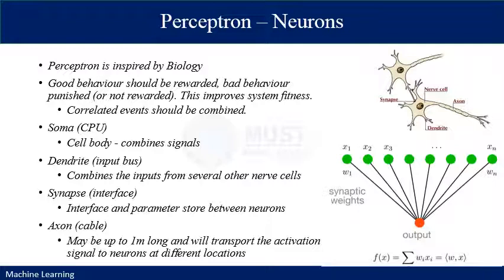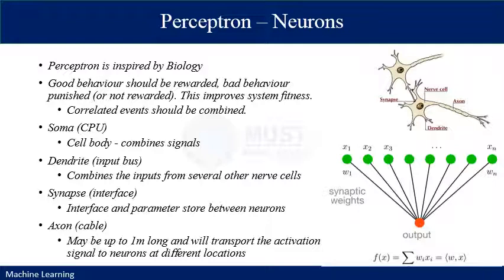In simpler terms, good behavior should be rewarded, and bad behavior should be punished or not rewarded in any perceptron model. So this improves overall system fitness. That means where the signal is positive, the neurons reinforce the signal, and where the signal is not progressive towards an outcome, it is mitigated.